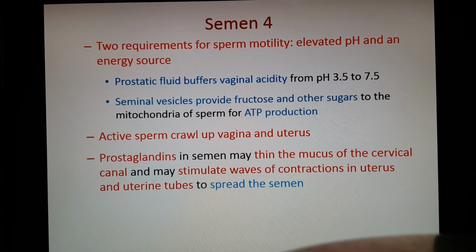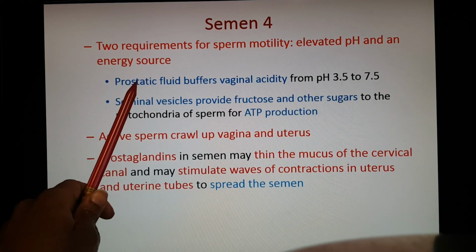Okay, so for the sperm to move and get to its hopeful final destination, it has to survive the elevated pH. There needs to be an elevated pH for the sperm to be able to move. So the vagina is acidic. So the glycogen that is in the vagina is fermented, which causes it to have a lowered pH.